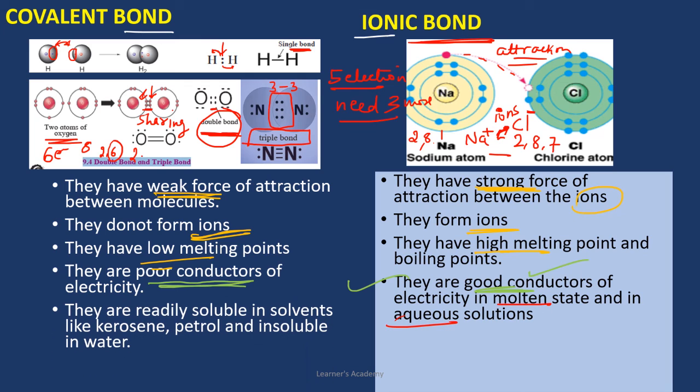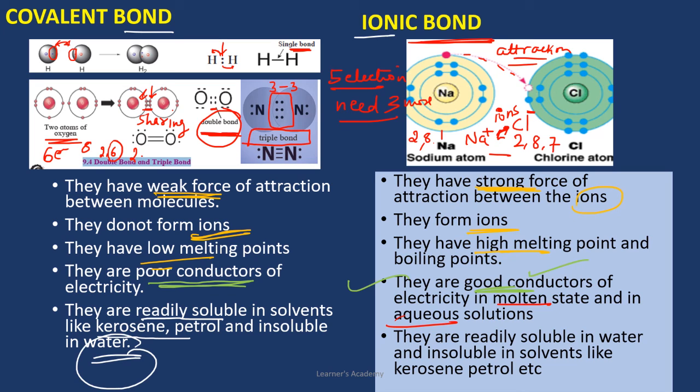The last point: covalent bonds are readily soluble in solvents like kerosene and petrol, and they are insoluble in water, whereas ionic bonds are readily soluble in water and insoluble in solvents like kerosene or petrol. So that was all the difference between a covalent bond and an ionic bond.